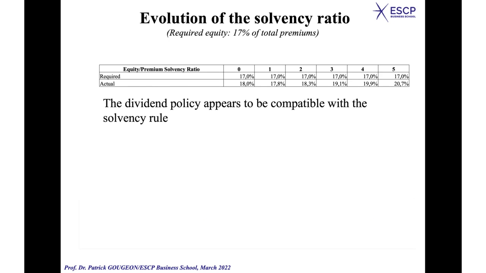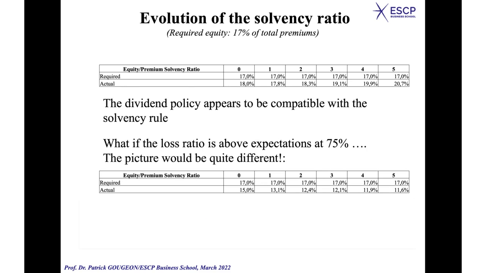Well, the actual ratio is 18% to start with, and then it moves down to 17.8%, but still high enough. And then you see year after year, it is slowly growing. So you can assume that the level of equity and the payout ratio of 50% is acceptable.